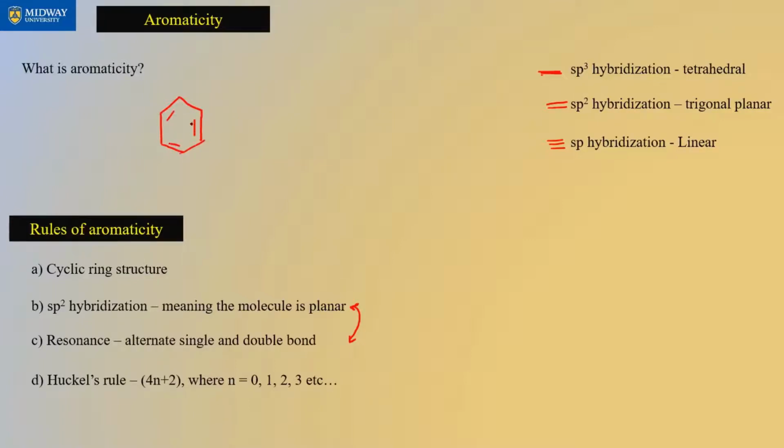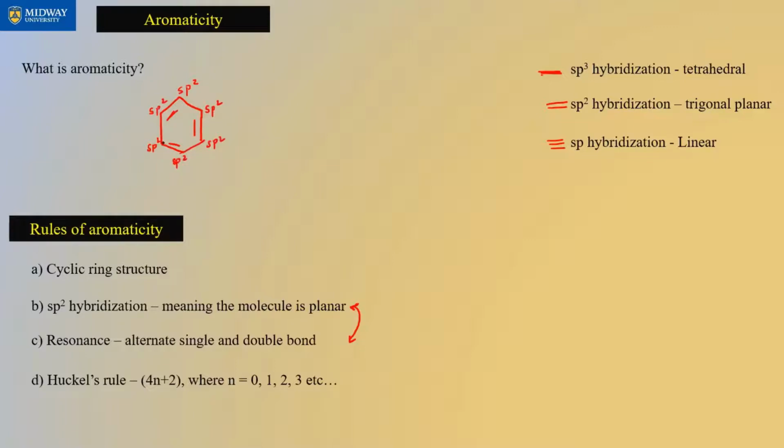Now if you see benzene, it's got 6 carbons in a cyclic ring structure, and there's a double bond here, a double bond here, and a double bond here, right? These 2 carbons are sp2, because carbons containing a double bond are sp2. And then you have, again, sp2, sp2, and sp2.